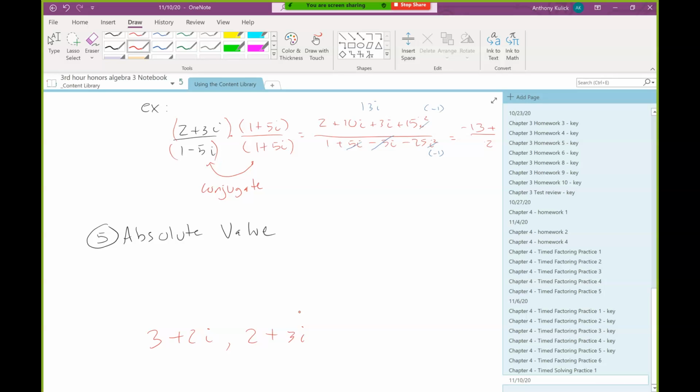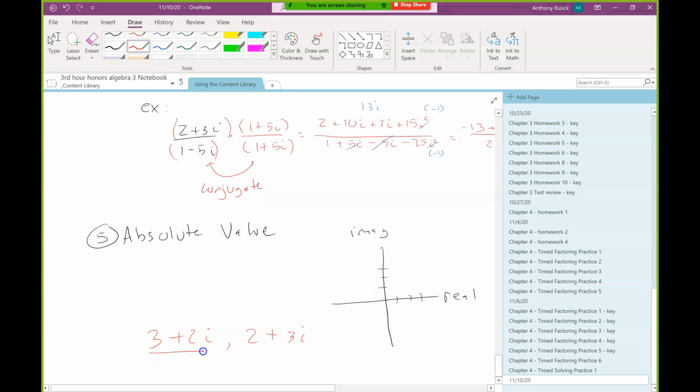What we can do is graph them in a two-dimensional space. So if I do 3 plus 2i, we can put the real part on the x-axis and the imaginary part on the y-axis.